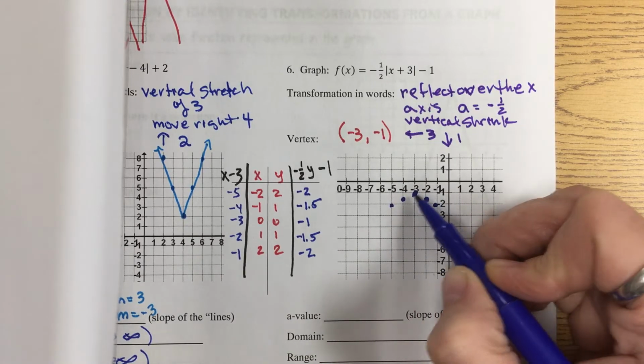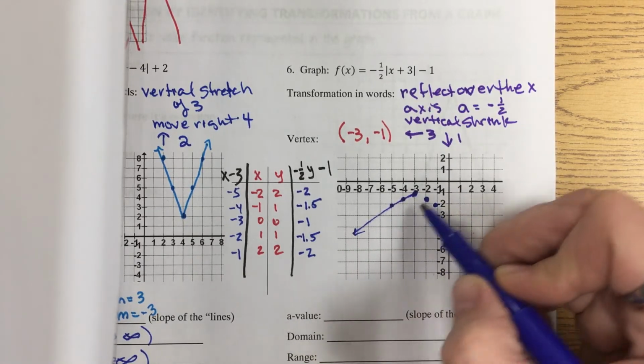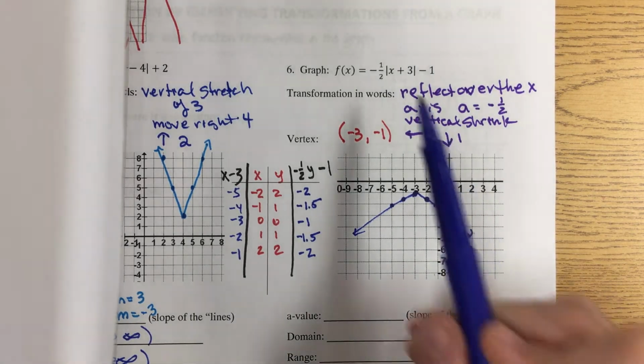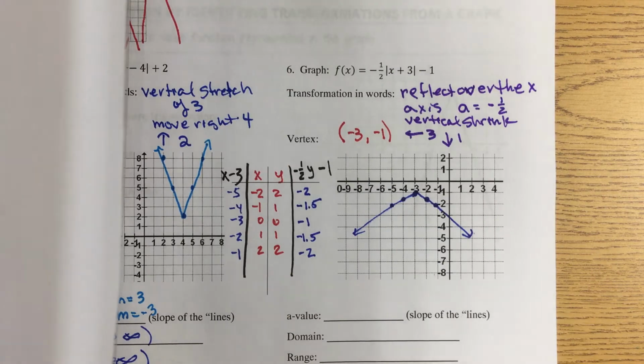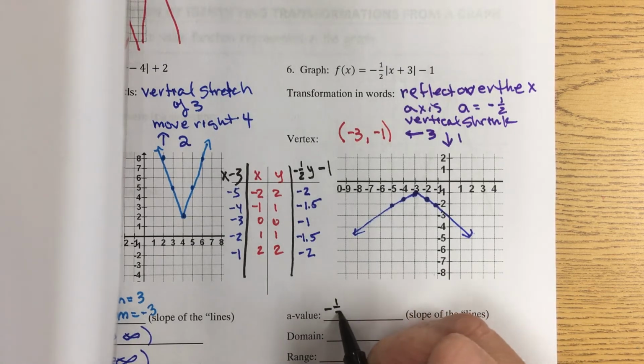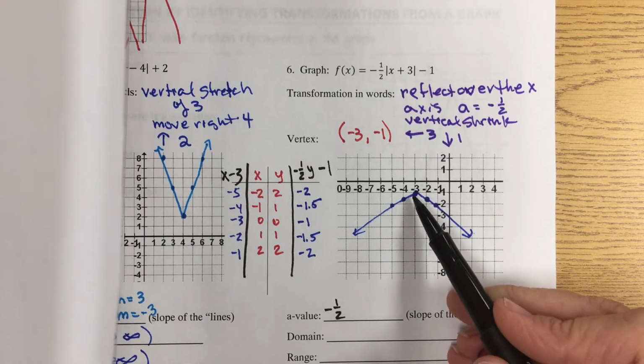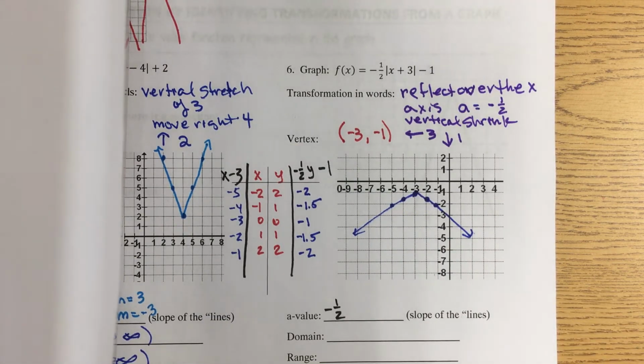Ooh, do you notice how wide it is? It's super wide compared to the other ones we've been doing. That's because the a value made it into a vertical shrink, but do you notice the horizontal is very wide? So the a value for this is -1/2. So the slope this way is -1/2, and going up is +1/2 on this side.